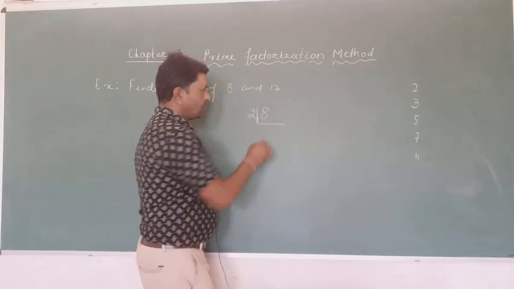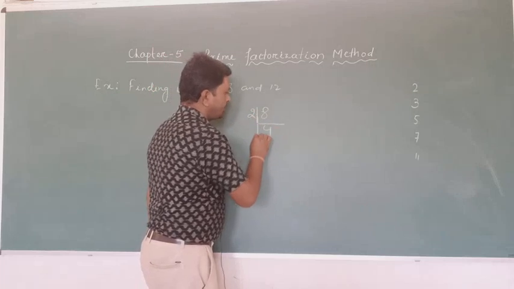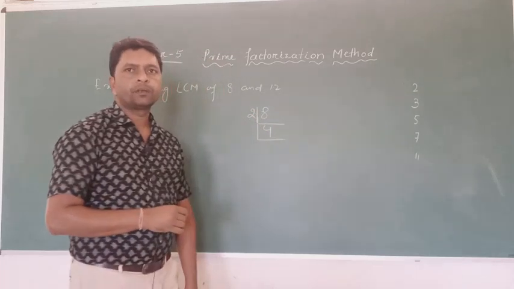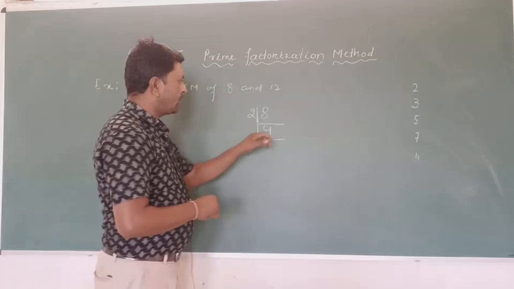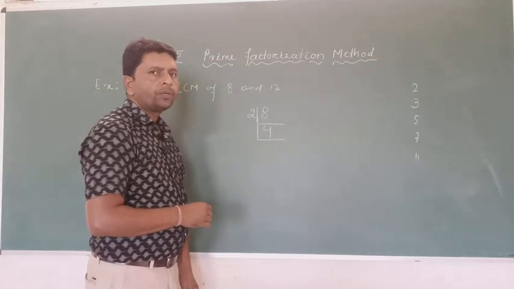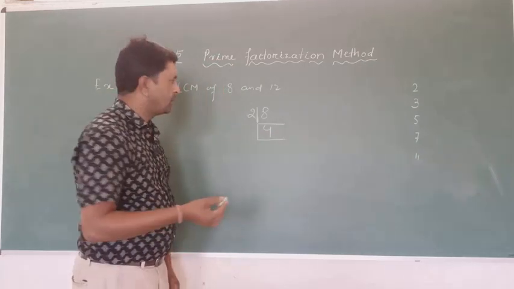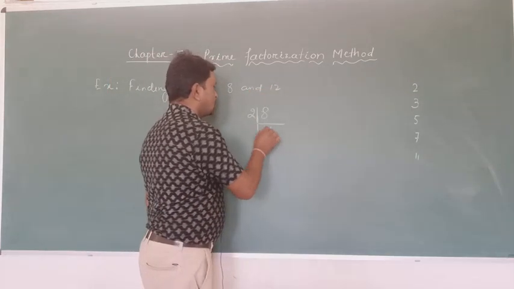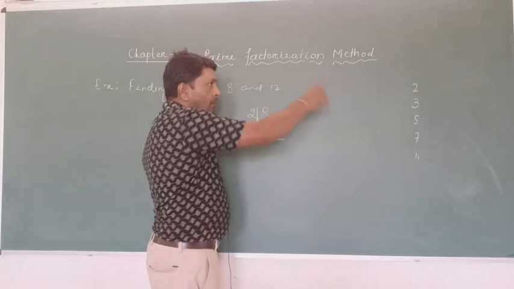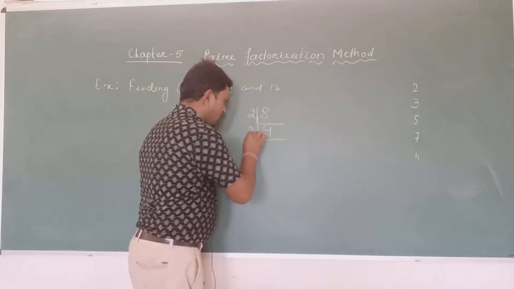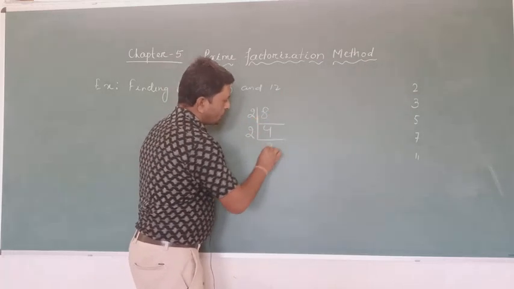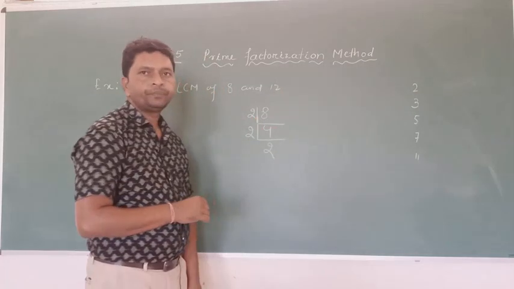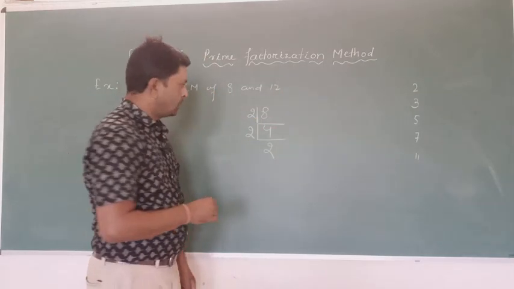So 2 fours are 8. Again the quotient 4 has to be divided by a prime number again. 4 is also divisible by 2, so take 2 here, and 2 twos are 4.